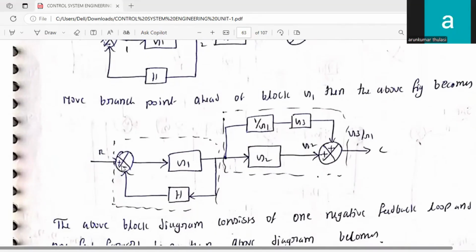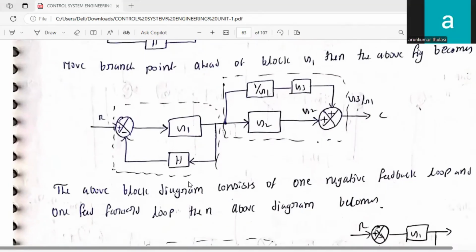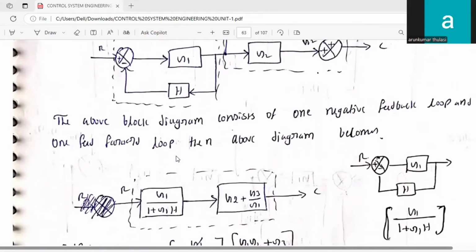It is a negative feedback loop, identified by the sign. So we have to eliminate this block by using the formula. Already we know, right? For this transfer function, you will get G1 divided by 1 plus G1 into H. This is the term.